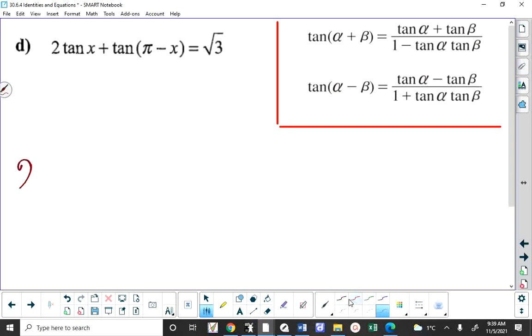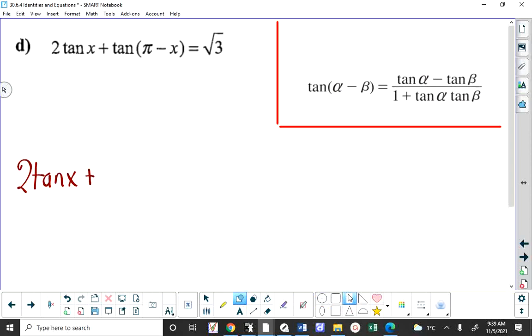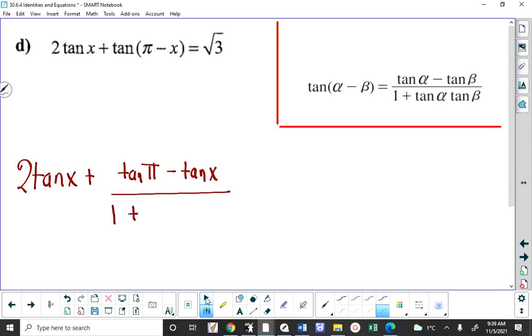So I have 2 tangent of x plus, now I'm going to use this bottom identity. Right, I don't care about the top one. I'm going to use the bottom identity where alpha is pi and beta is x. Okay, so this is going to be plus tangent of pi minus tangent of x over 1 plus tangent of pi tangent of x. This is going to be equal to root 3.